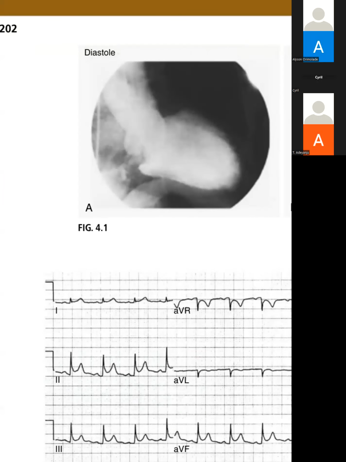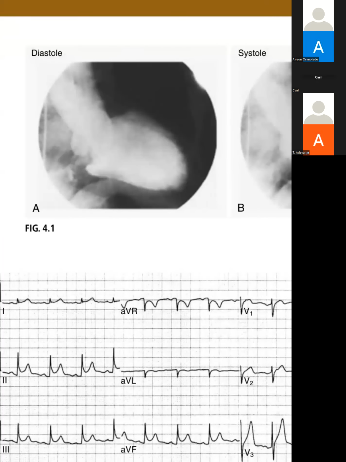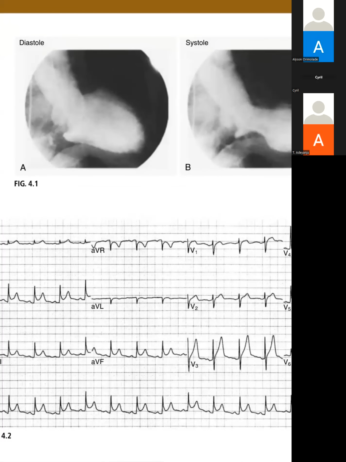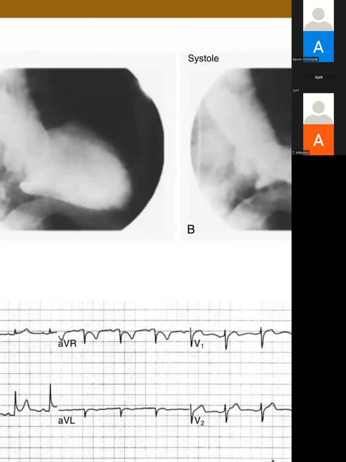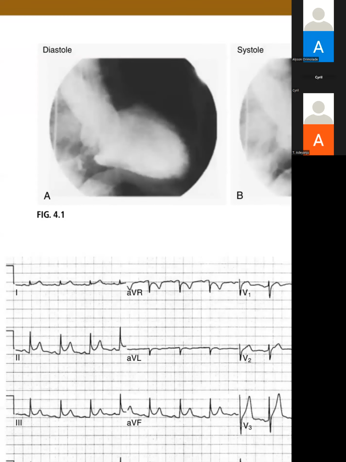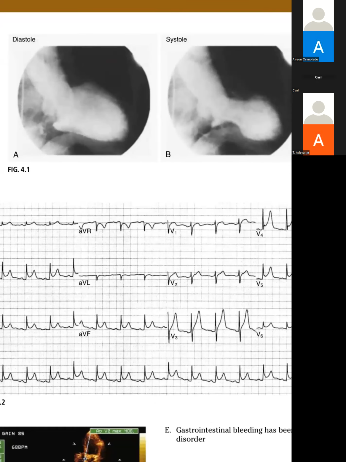The ECG is 4.2. No, it's a ventriculogram. So this is 4.1, the diastole and then the systole. Can you reduce the zooming so that the two images can come in view? Oh, that's wonderful. Thank you very much, sir.